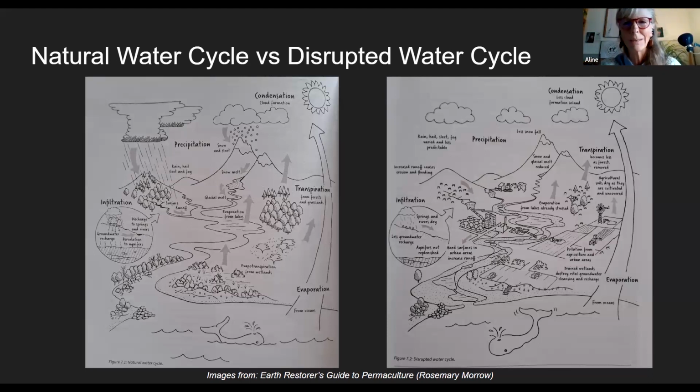From the mountain streams, the water connects through the land back with the sea, and the cycle is happy and full of life. Humanity came along, and we have an anthropogenic water cycle on the right.